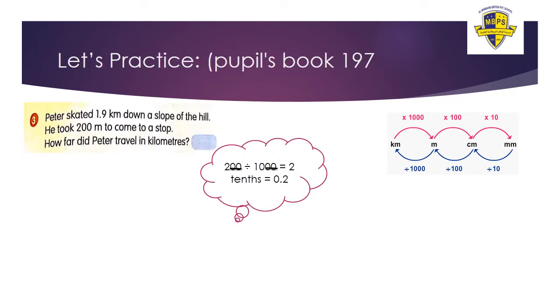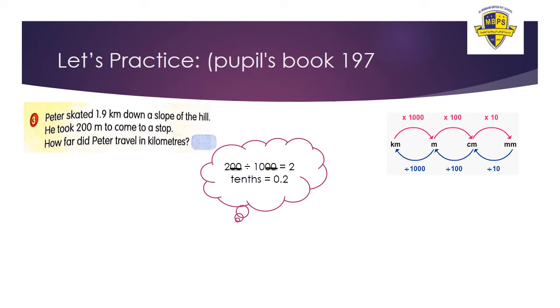One more example. This is page 197. Peter skated 1.9 kilometers down a slope of the hill. He took 200 meters to come to a stop. How far did Peter travel in kilometers?